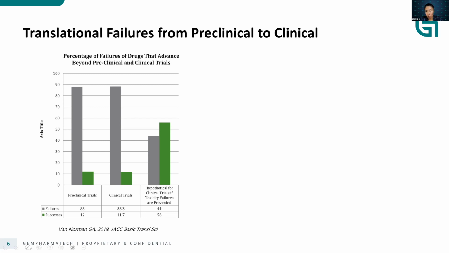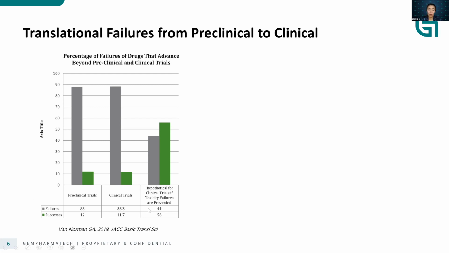So in preclinical trials, 80% and more are failed trials. And when the successful 10-12% move into the clinical stage, again, 80% to 90% fail, leaving about 12% success among these trials. As you know, a lot of time, investment, and effort are put into those trials.